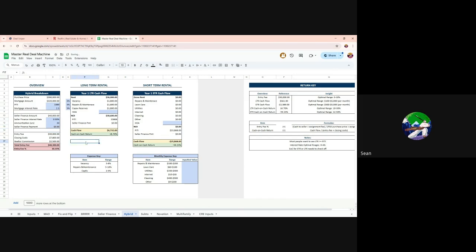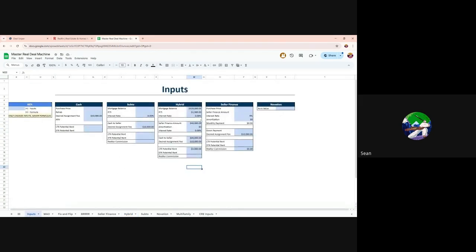Okay. Cool. So as it stands, just with the monthly mortgage payment, we're at about a 16.7 cash on cash return. Now we only owe them 40 grand as a seller finance amount. So realistically, you could put a 2-year balloon on that. And just give them $200 a month.